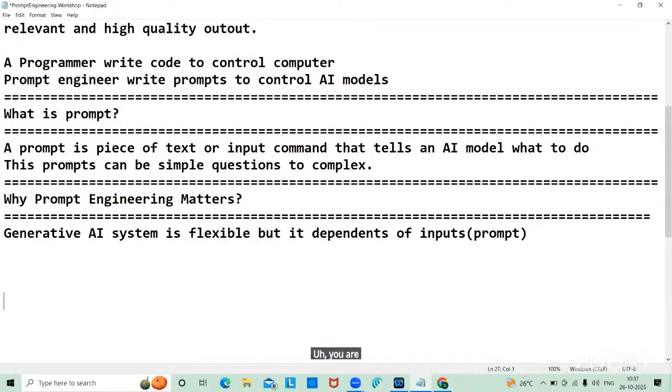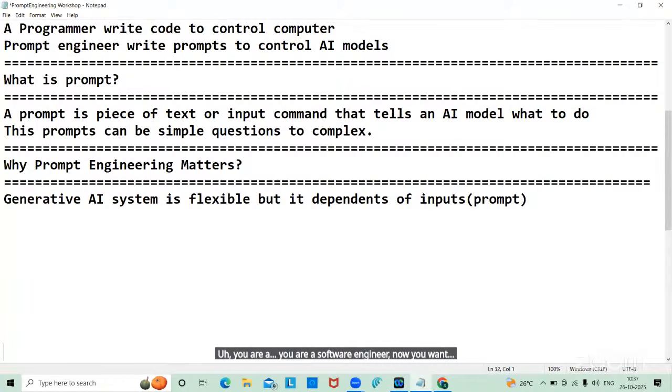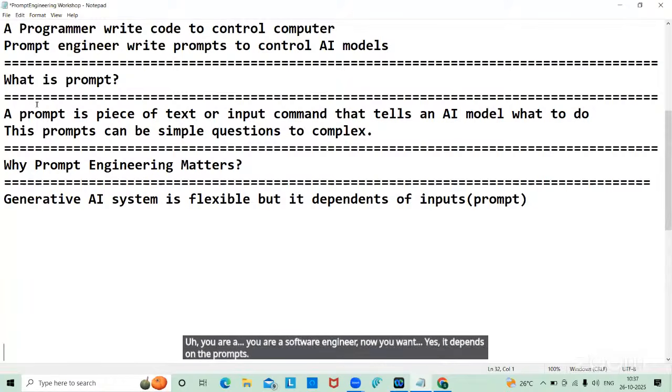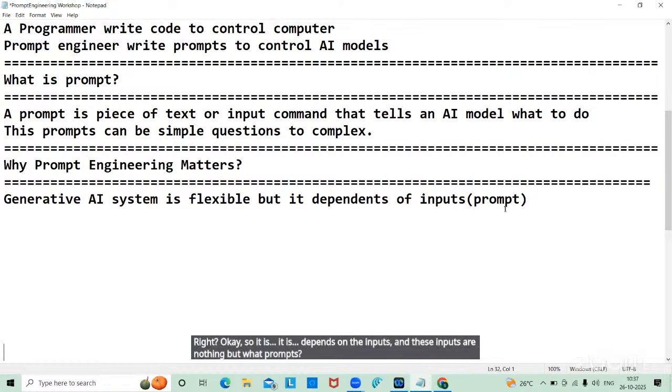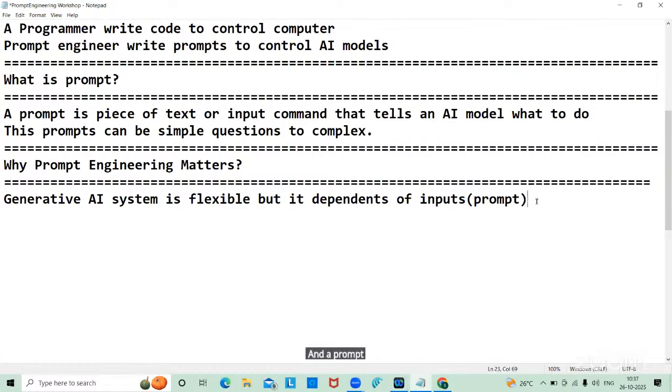You are a software engineer. It depends on the prompts, right? So it depends on the inputs, and these inputs are nothing but prompts. Suppose you are a coder, a software engineer, and you want certain code related to your application.